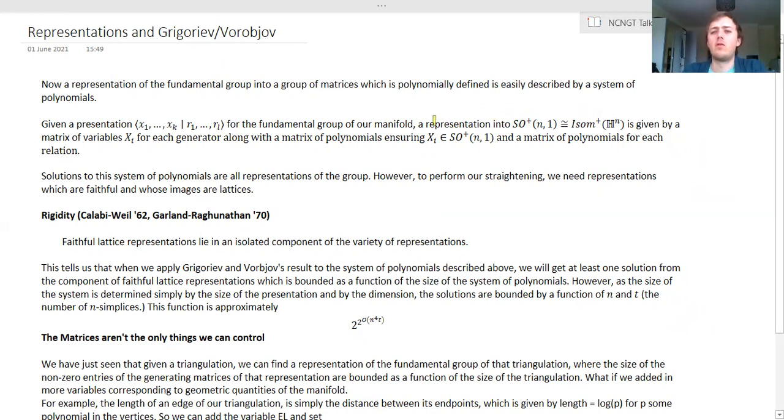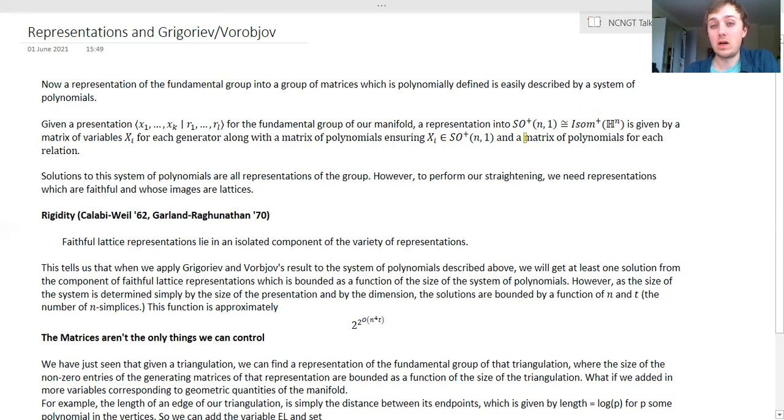Then a representation into SO plus N1, this is a matrix group that's isomorphic to the isometries of HN, is given by, for each generator, you just define a matrix of variables xi, so that's n plus 1 squared variables, and a matrix of polynomials that says xi is actually in SO plus N1. I mean, this is where we use the fact that SO plus N1 is defined by a polynomial relation.